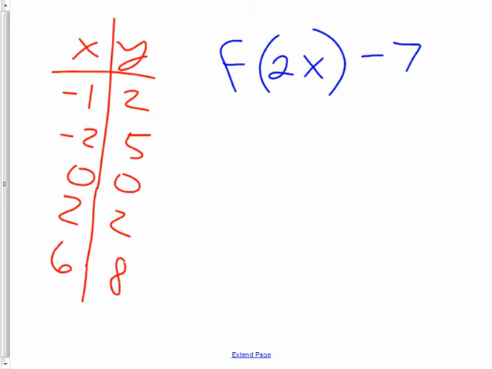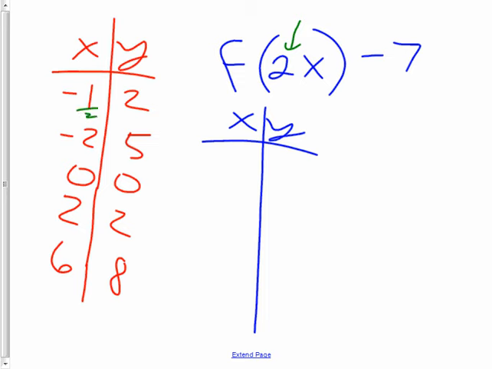I'm going to show you on this one. Just don't do this one because I'm going to show you this one. So on this one, my new points would be, all of these have to get times by 2 on the x. True or false? False, because you do the opposite of what you think. So you divide all of my points by 2 on the x.